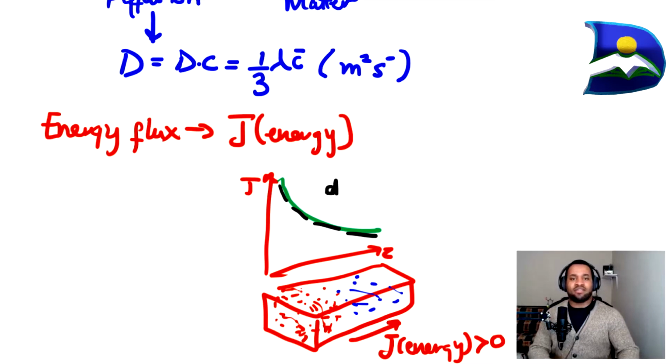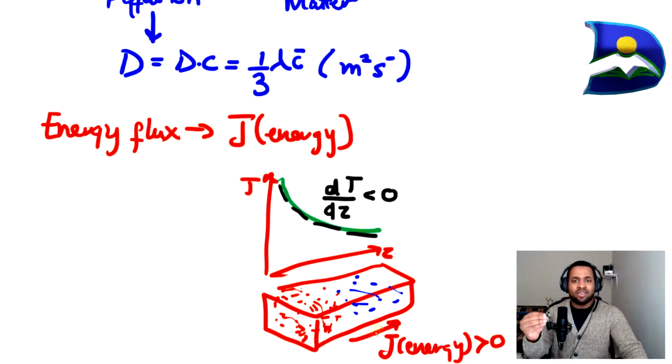This means that the slope of the temperature, which is the first derivative of our temperature, or what we call the temperature gradient, is less than 0. Therefore we notice that as we move from left to right, we're going from bigger negative values to much smaller negative values at increasing energies.